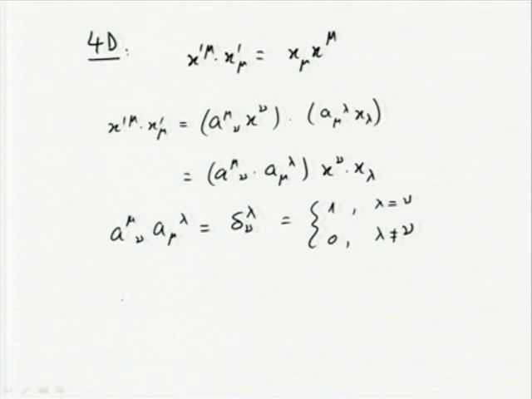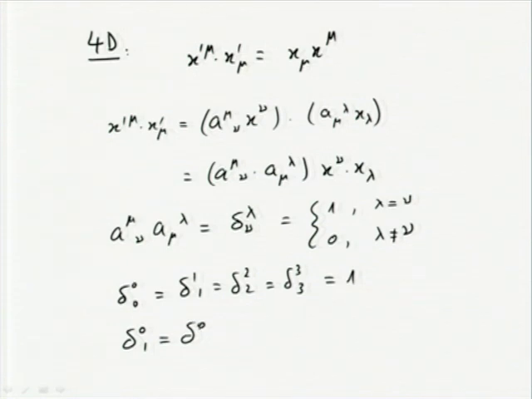For example, if you consider delta 0 0, delta 1 1, delta 2 2, delta 3 3, all these are equal to 1, and delta 0 1, delta 0 2, etc., are all equal to 0.